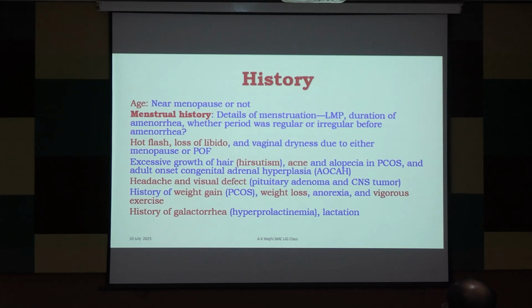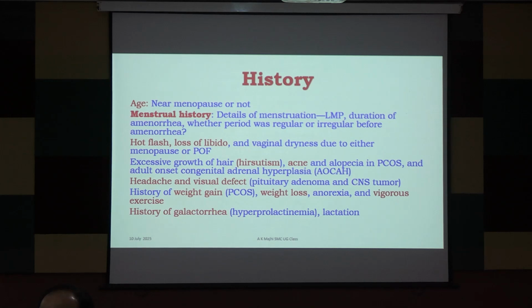acne and alopecia suggest PCOS and adult onset congenital adrenal hyperplasia. When there is hirsutism, the commonest cause is polycystic ovary syndrome, and this is important for MCQs also.